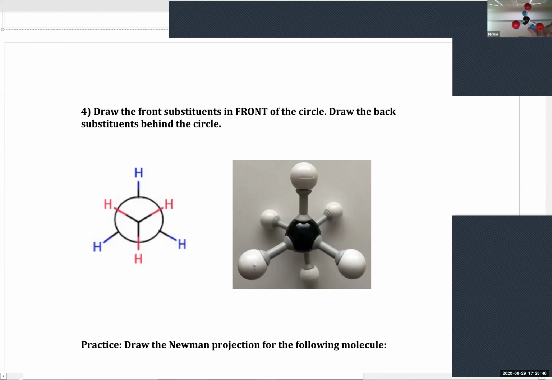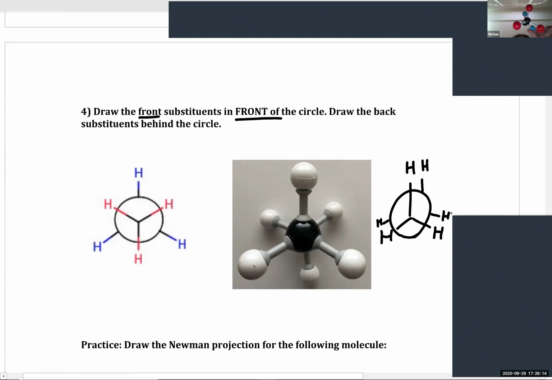you draw the substituents in front of the circle. So we have our circle, we draw our front substituents, and make sure you draw their relative position. So we have a substituent pointing up, a substituent to the left, and a substituent to the right. In the back, we also have a substituent pointing up, to the left, and to the right.